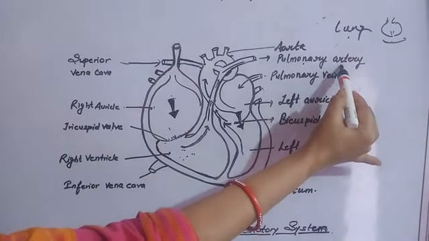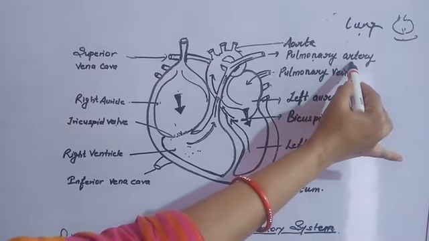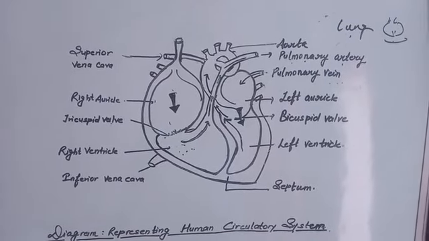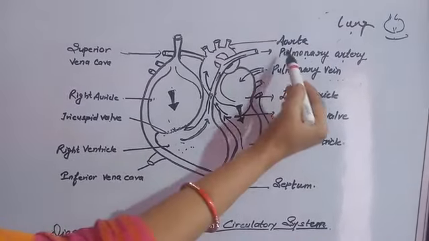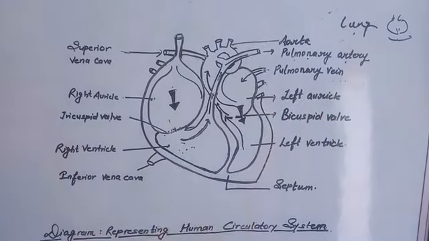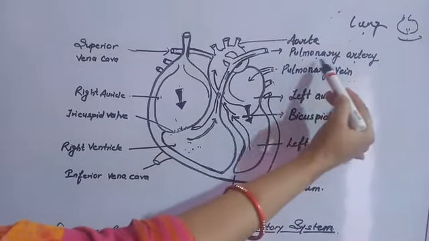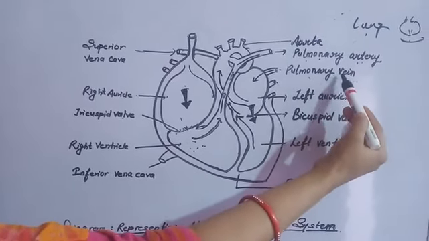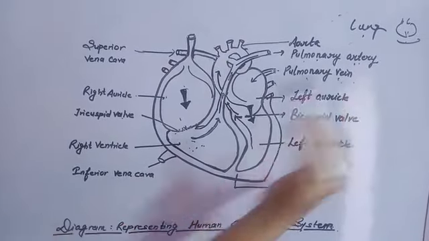Here you will ask the question, why does an artery carry deoxygenated blood? You are saying deoxygenated blood. The pulmonary artery and pulmonary vein are the exceptions. The pulmonary artery is the only artery which carries deoxygenated blood, and the pulmonary vein is the only vein which carries oxygenated blood.